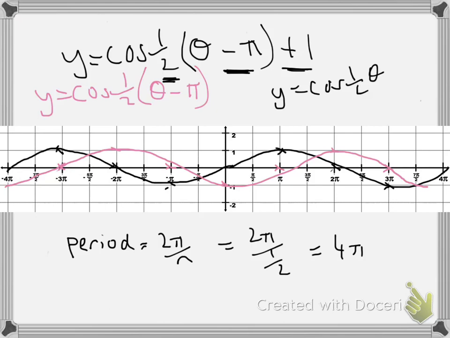Okay, now we have to allow for the plus 1. So the last thing we'll do, we'll change colour again. Change colour to a green one. We have to lift the whole graph up one place. So taking the key points now and lifting them up one place. Okay, so we've got one there.